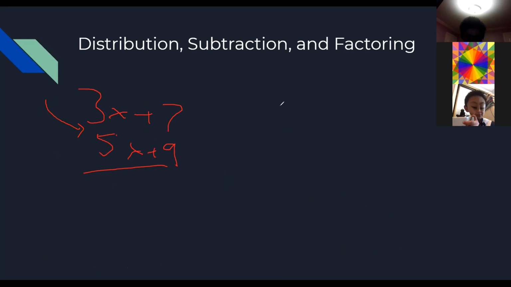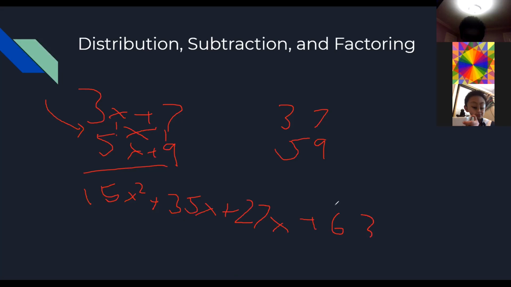So like if I were to write 3x plus 7 times 5x plus 9, this gets multiplied with this, gets multiplied with that. So 15x squared plus 35x, this gets multiplied with that, this gets multiplied with that, plus 27x plus 63.